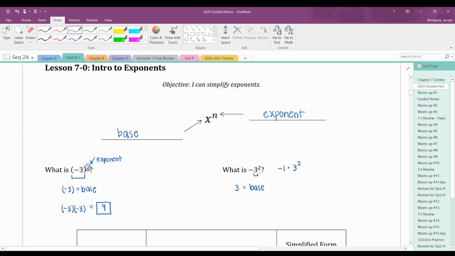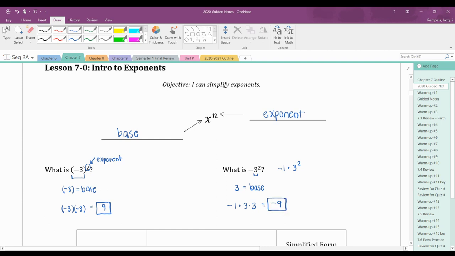Because there were no parentheses, that negative has nothing to do with the base and the exponent. So I keep the -1, but then the base 3, because there's an exponent of 2, tells me that I want to write that base 2 times. If I multiply these together, -1 times 3 times 3 is going to give us -9.